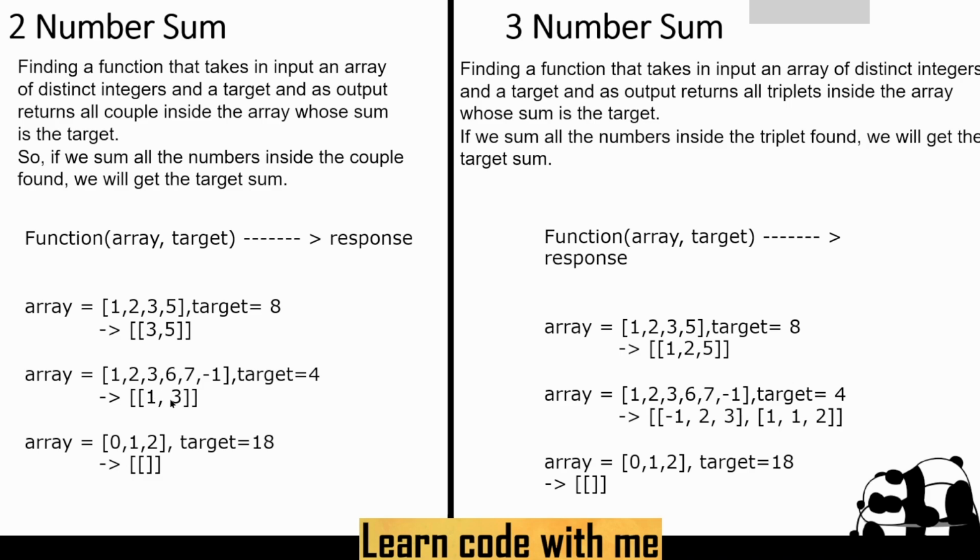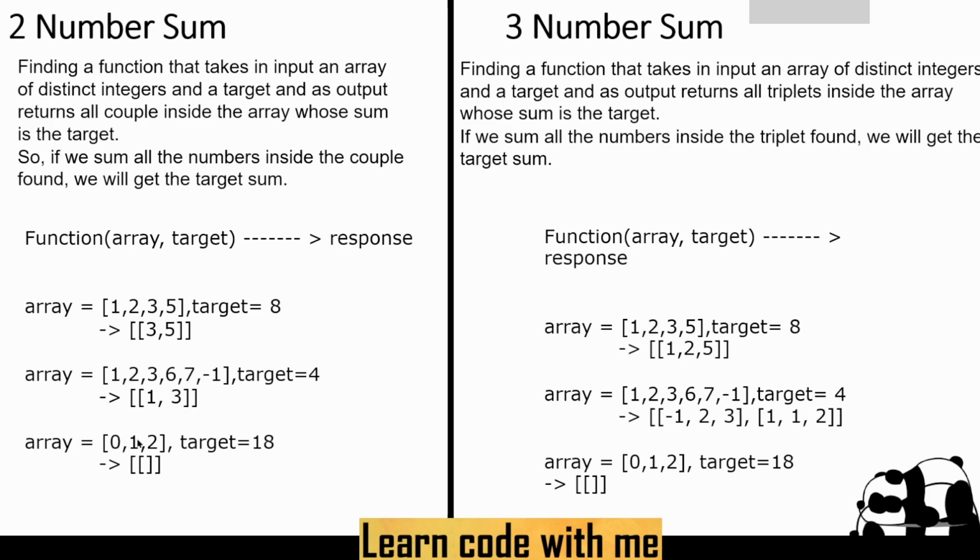In another example, the target is 4, and the only couple that gives 4 is 1 and 3. So 1 and 3 are my two numbers that allow me to get this target 4.